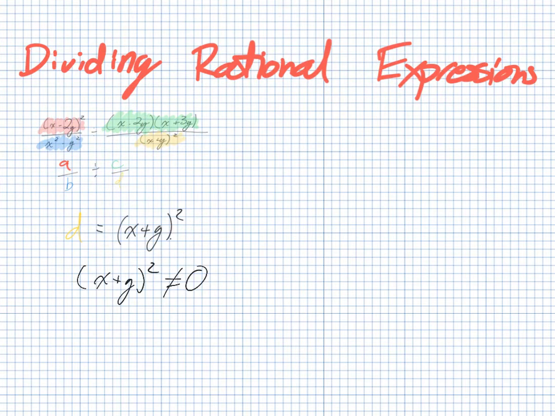In the same concept, we can actually decompose this. Think of this as x plus y times x plus y. Technically, we combine the two of them to make it squared. I'm just going to decompose it a little so it's simpler for us. It cannot be 0. Well, they're both the exact same expression, so we don't actually need that squared. What we can say is just x plus y cannot equal 0.